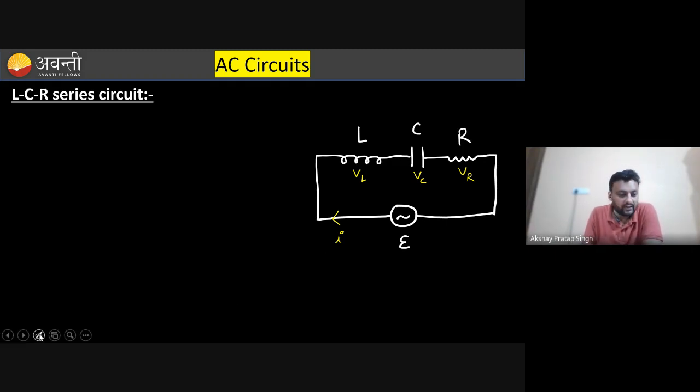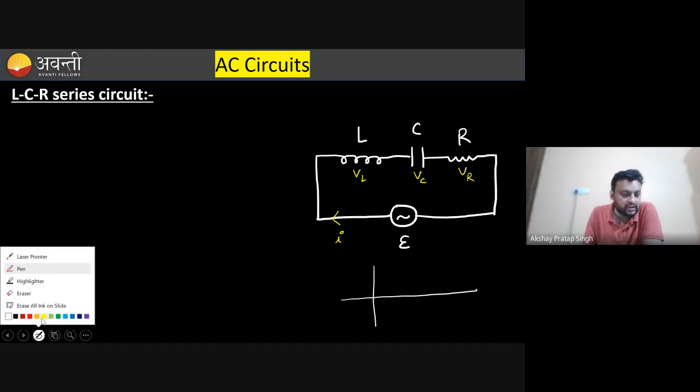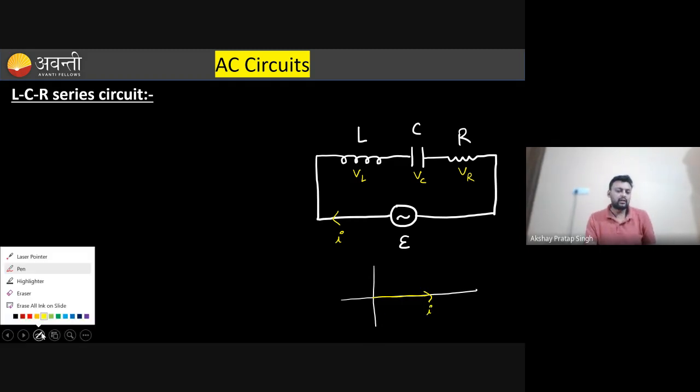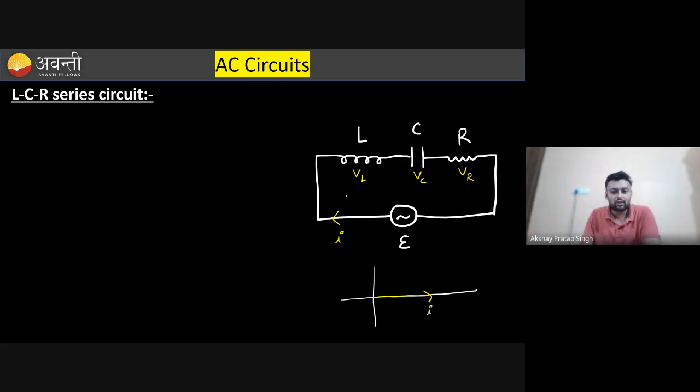Now the next step, we will draw the phasor diagram. For the phasor diagram, I told you, first of all, draw the axis, X and Y axis. So this is my X and Y axis. Clear? Now, the second thing, which is constant throughout the circuit, that is current. I will draw current here. This is current I. Now you know potential across inductor leads the current by 90 degree.